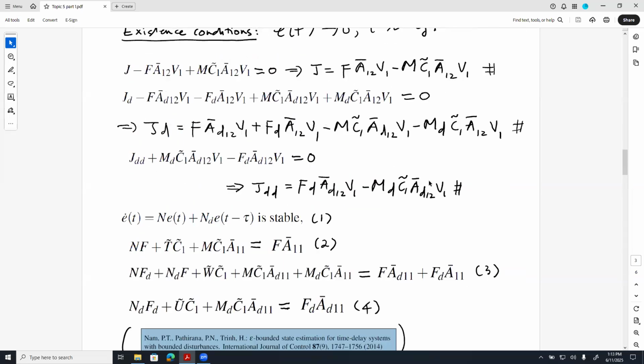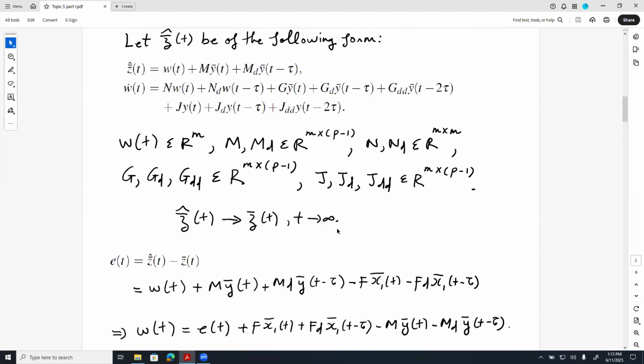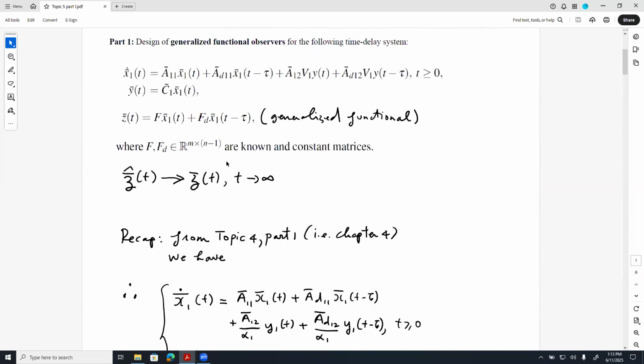So what we're going to do is introduce an error vector, the difference between this estimation of the generalized functional and the true one. I call it a vector because here we deal with a general situation where we could have more than one generalized functional.